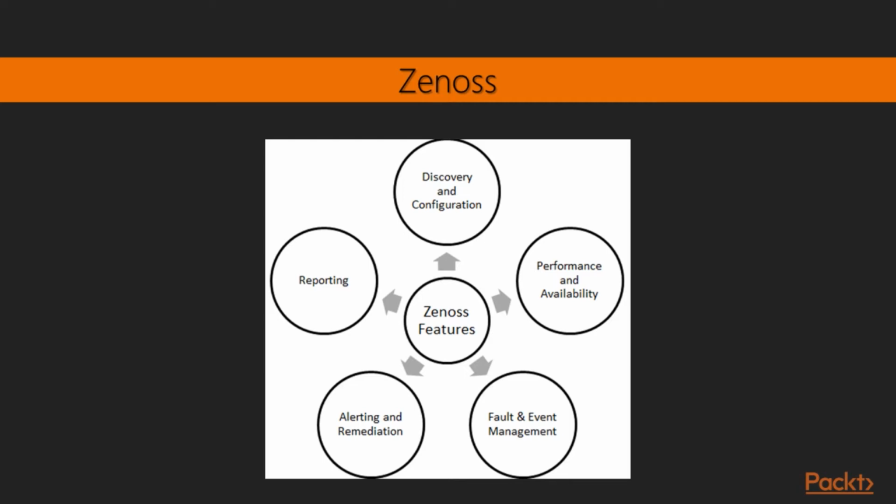Zenoss Core consists of the extensible programming language Python, object-oriented web server Zope, monitoring protocol network, graph and log time series data by RRDtool, MySQL, and event-driven networking engine Twisted. It provides an easy-to-use web portal to monitor alerts, performance, configuration, and inventory. In this diagram, Zenoss features are illustrated.